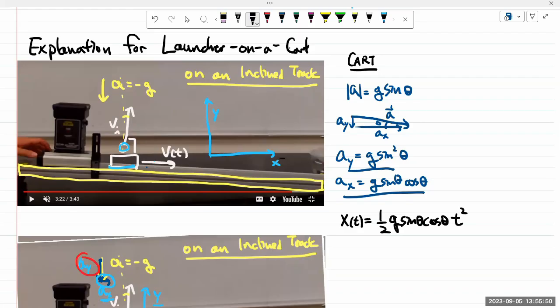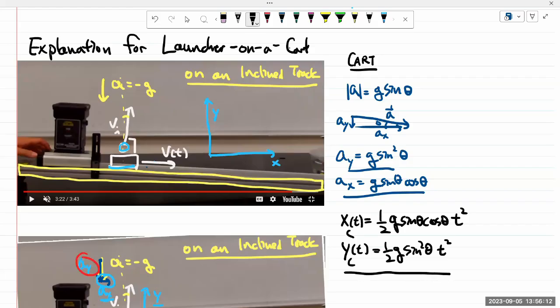The other two terms are both zero: zero initial velocity, zero initial position. So I'll just leave them be. And the y position of the cart will be 1/2 g sine squared theta t squared. So these describe the cart.